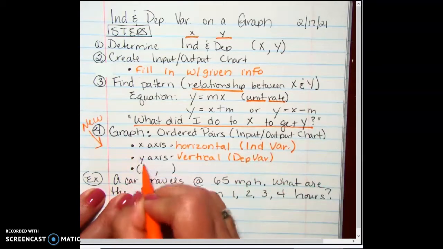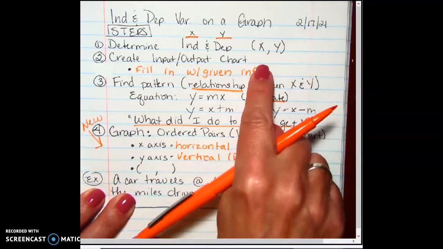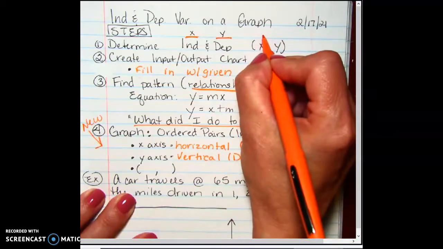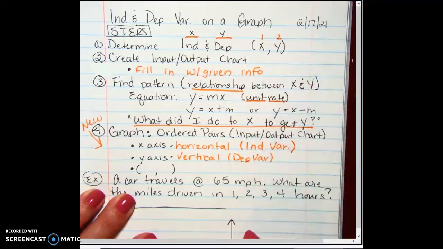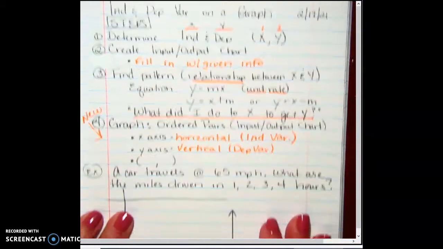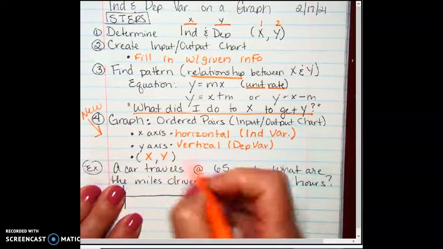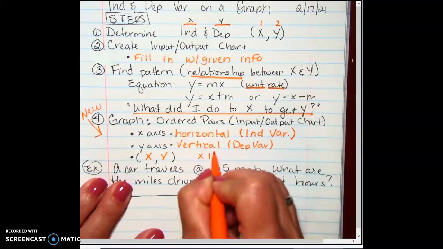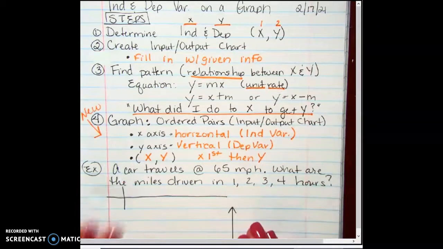Remember, x and y. And then here, I'll just go right back up here. Here's our ordered pair. Remember, we always go x, then y when we're graphing. Oop, and guess what I did? I left a spot here for x and y. x first, then y. Okay?